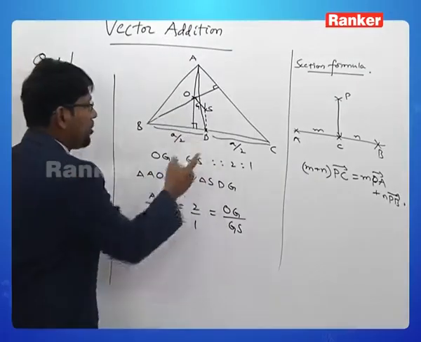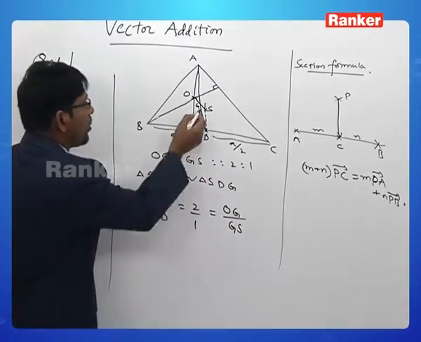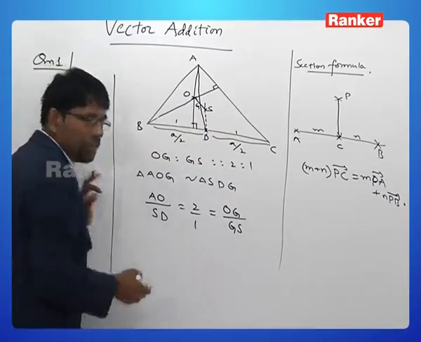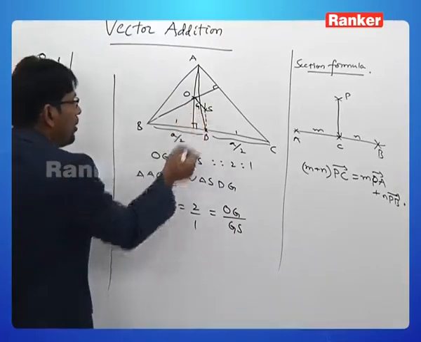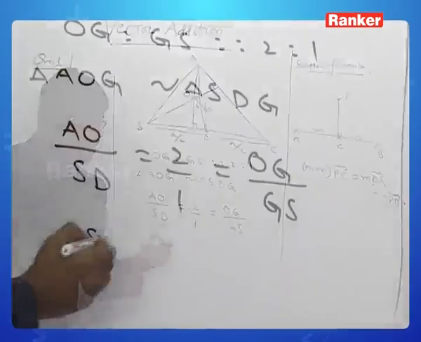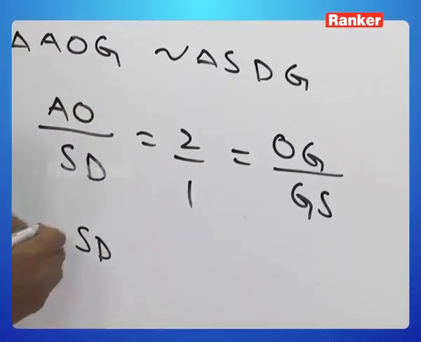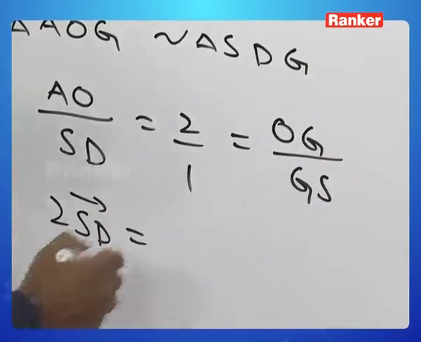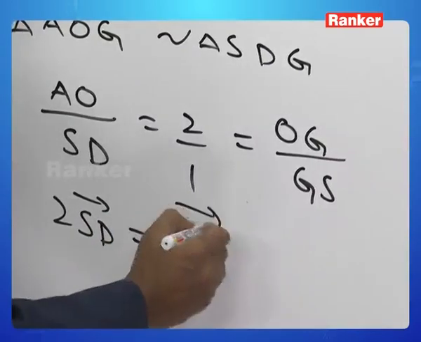So we have a by 2 here. Now you can say that D divides BC in the ratio 1:1. Now SD vector can be written as SB plus SC.